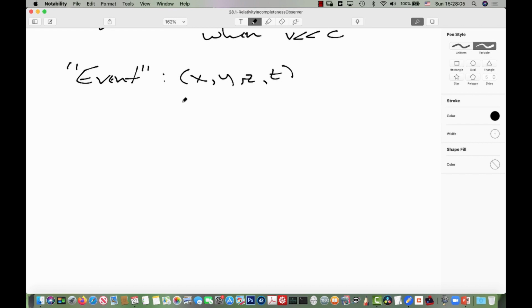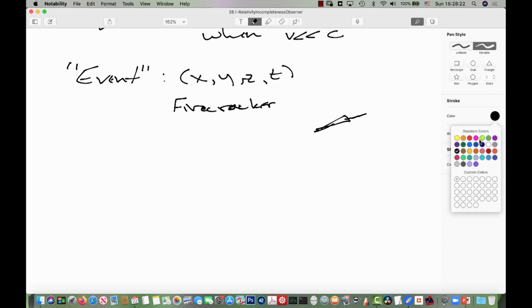The usual mental picture is of a firecracker going off somewhere. Lots of festive colors.